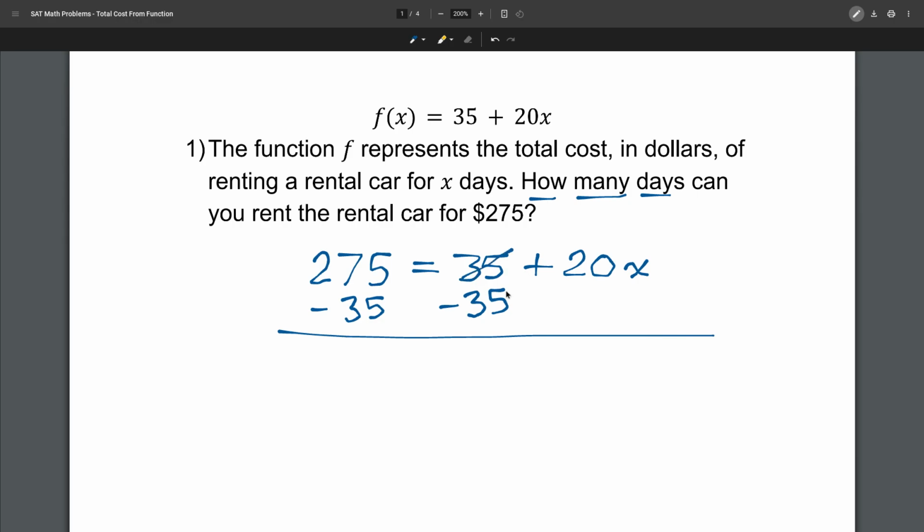So here, 35 minus 35 is 0. We're left with just 20x on this side of the equation. 275 minus 35 is 240. And now we're going to solve for x, the number of days. To do that, we'll divide both sides by 20.